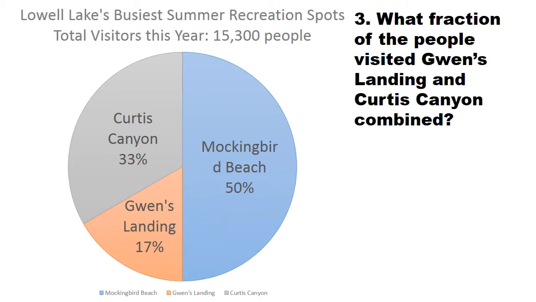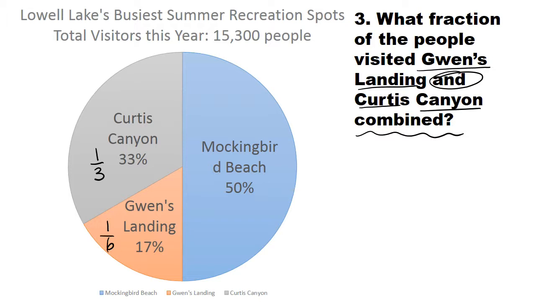So number three, what fraction of the people visited Gwen's Landing and Curtis Canyon combined? And so with that, we have an addition fraction problem here. So Curtis Canyon, the fraction for that is 1/3. For Gwen's Landing, the fraction was 1/6.